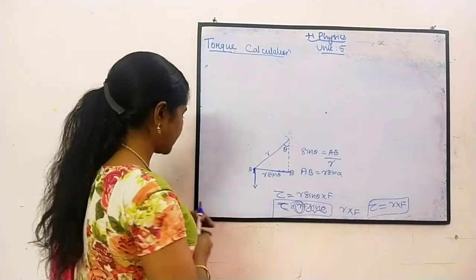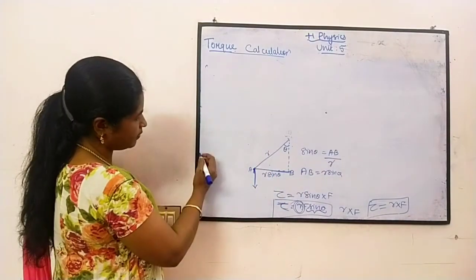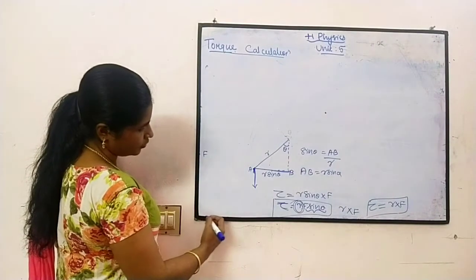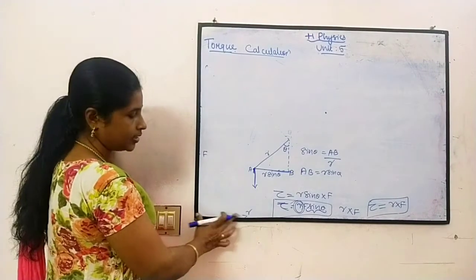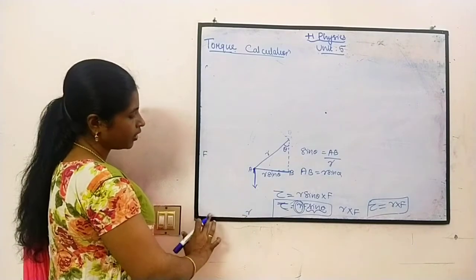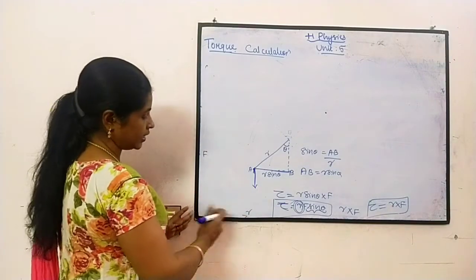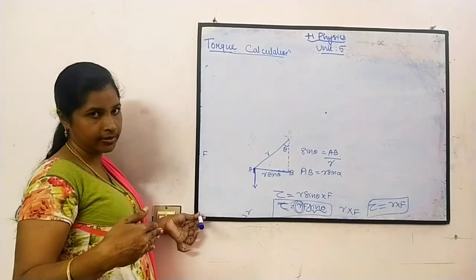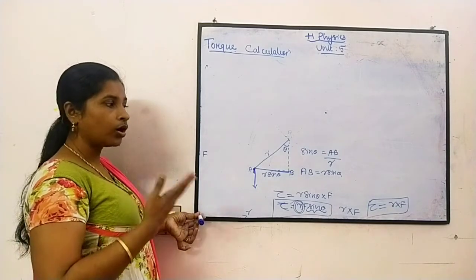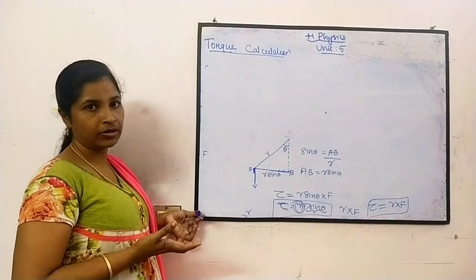For example, this black line is the force, and the distance between the forces is in this direction. Then the torque will definitely be in this direction. So all these three are mutually perpendicular to each other.